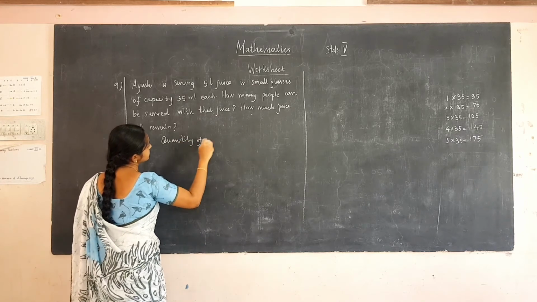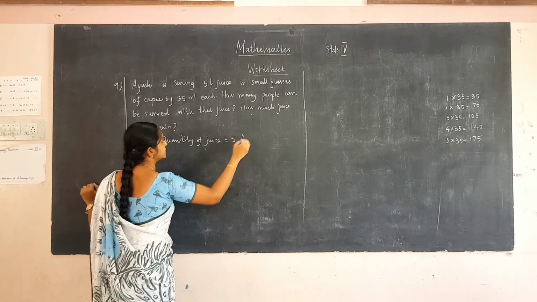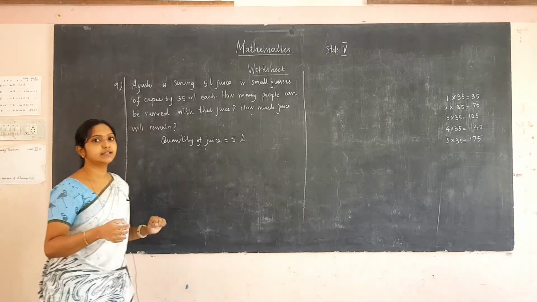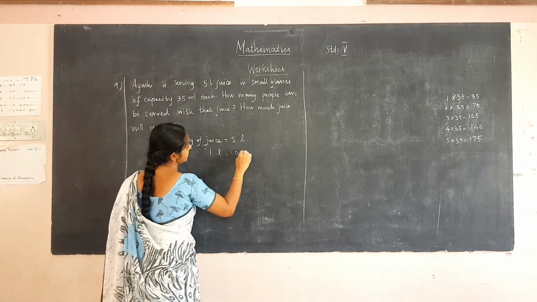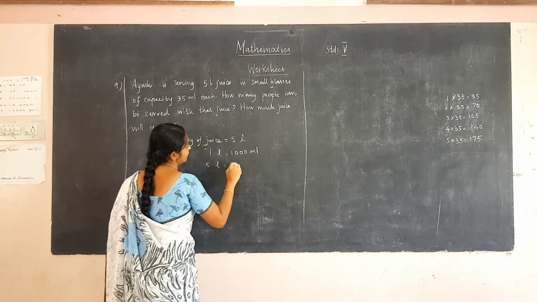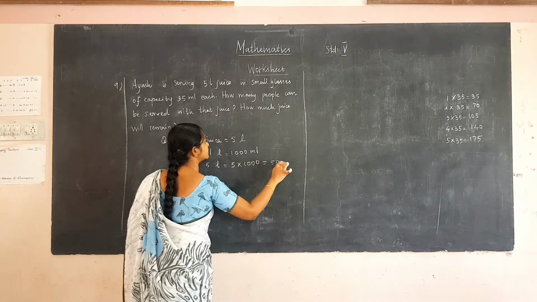Quantity of juice is equal to 5 liter. Let us convert liter into milliliter. 1 liter equals 1000 ml. Then 5 liter is equal to 5 into 1000, that is equal to 5000 ml.